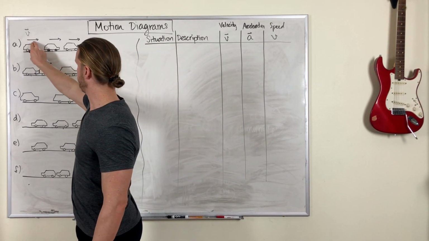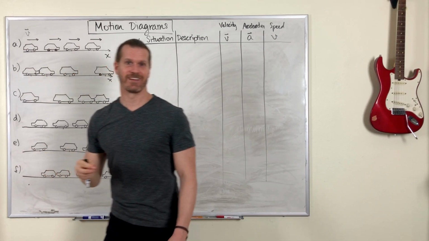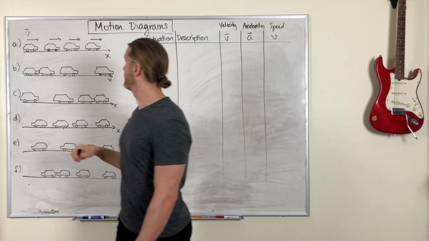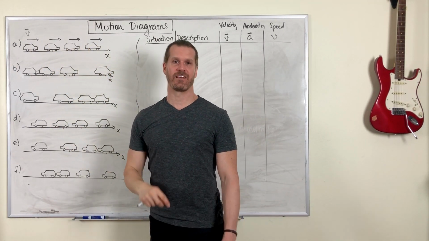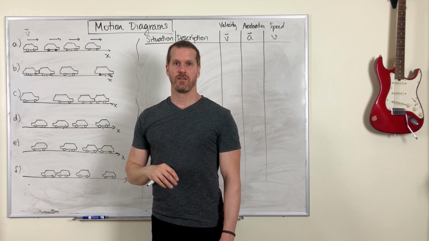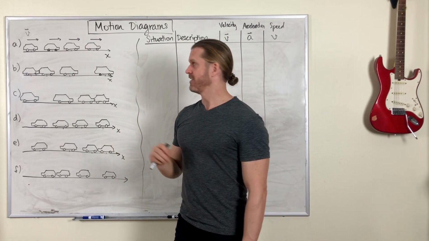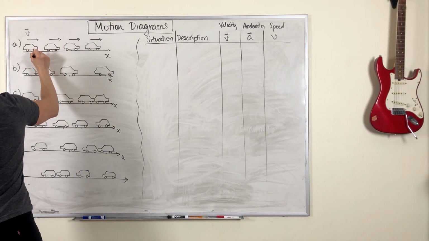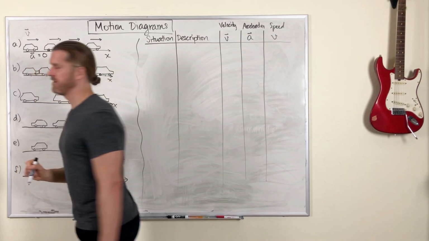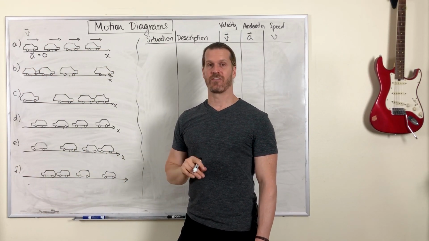The length of this arrow is the speed, and the direction the arrow is pointing in is the direction of the velocity. So for each situation here, the car has the same speed and the same direction. Its velocity is not changing. So that means that its acceleration is 0 the whole time. It's moving at constant velocity.